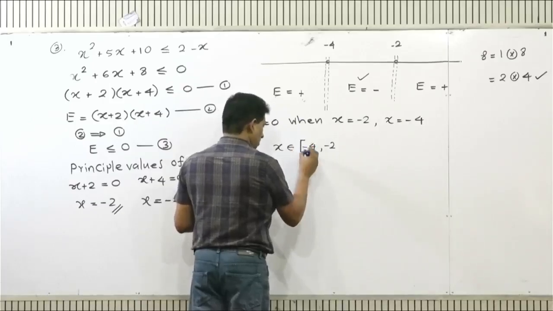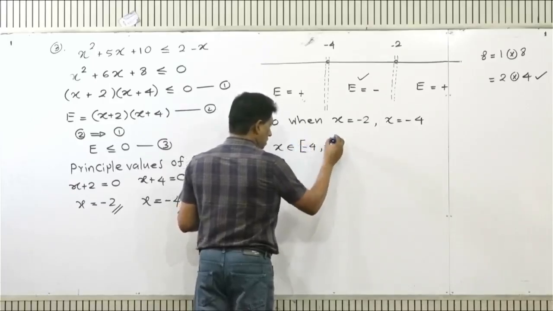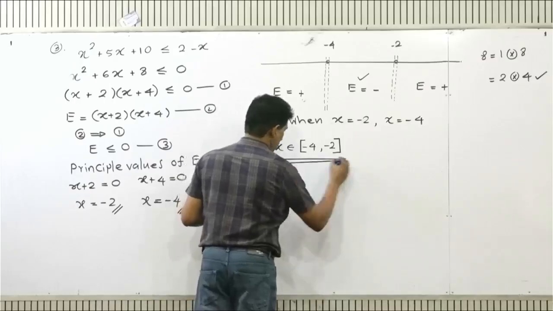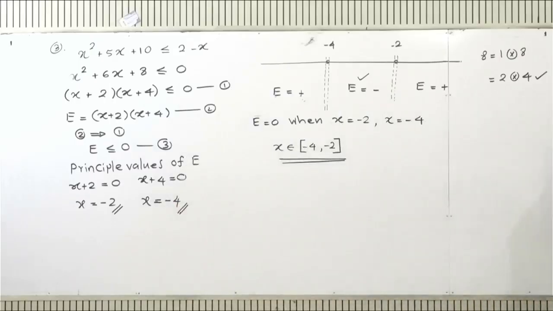So as minus 4 is a solution, we have to put a square bracket here, and here also a square bracket. This is the solution. Right? Do this. If you can find the factors of a quadratic function, then this type of inequality we can solve very easily.